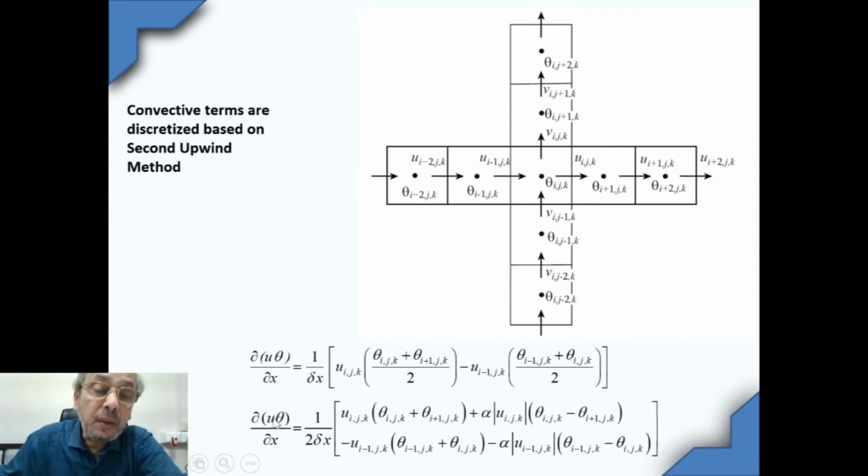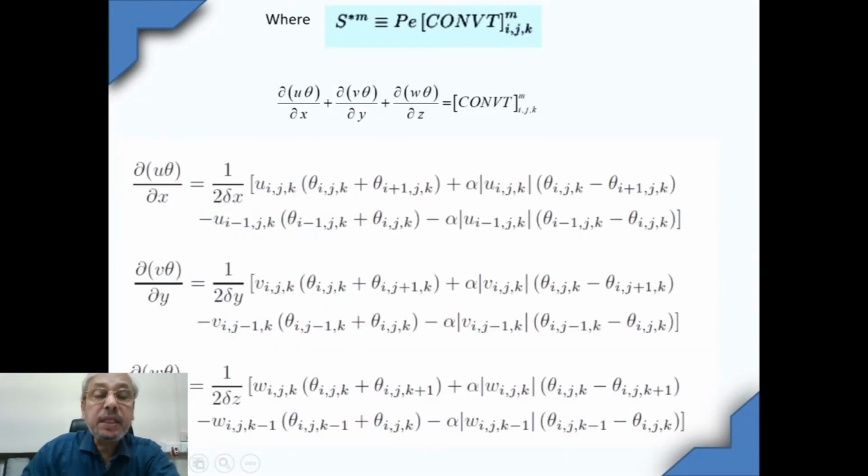In the same way we can discretize del y of v theta and del z of w theta, and then we will have contributions of all the individual terms of the convective part of the energy equation. So this is how I have given the example del x of u theta, and similarly del y of v theta, del z of w theta are to be discretized.